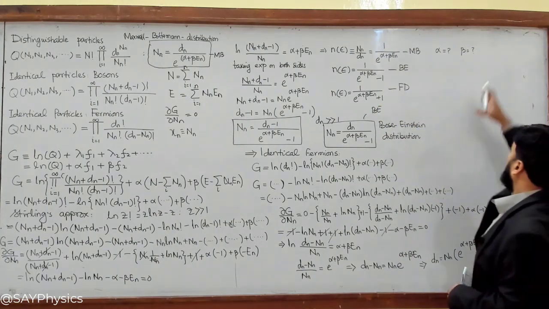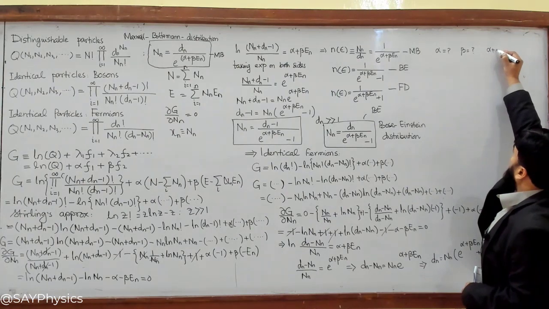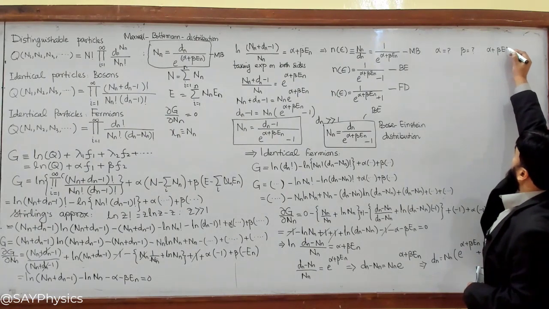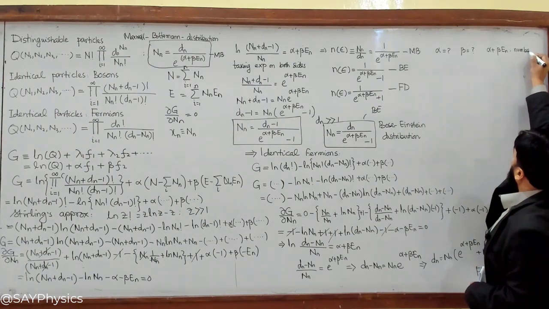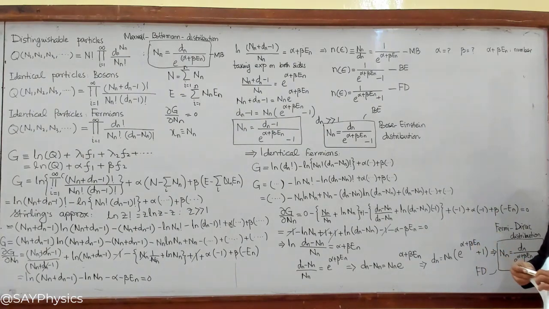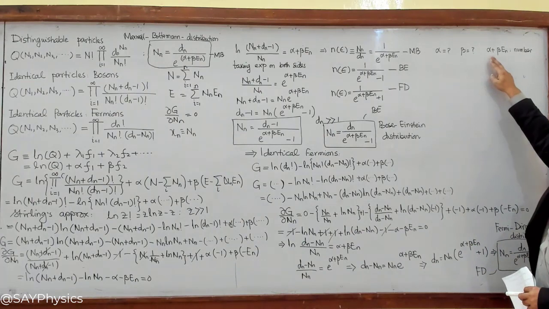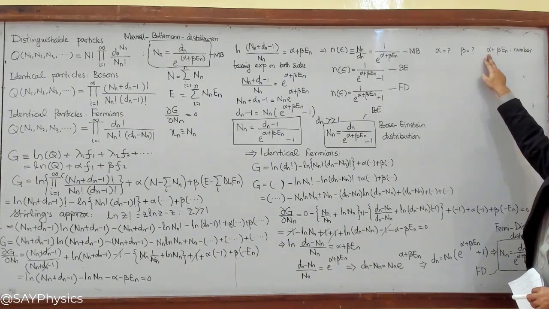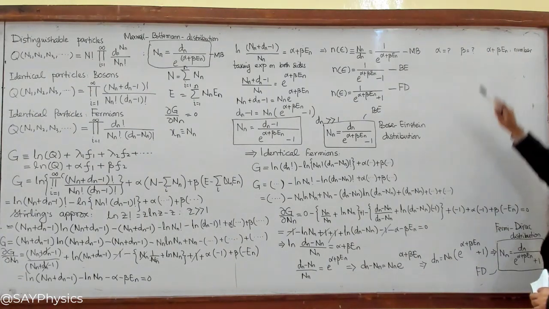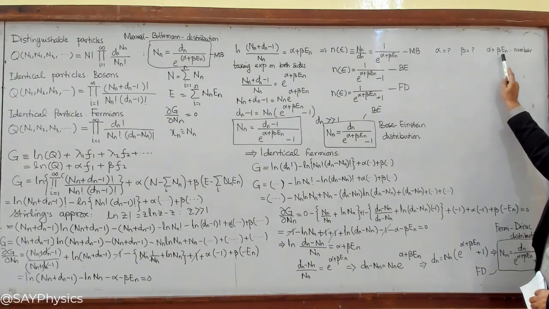Alpha plus beta en should also be a number. Now look here. Whatever the dimension of beta en will be, these will be the dimensions of alpha as well. Because these two are being added.